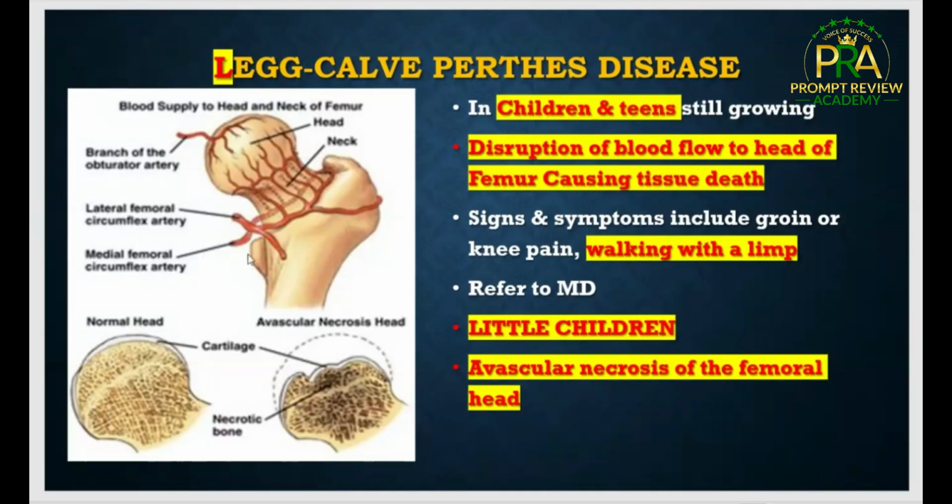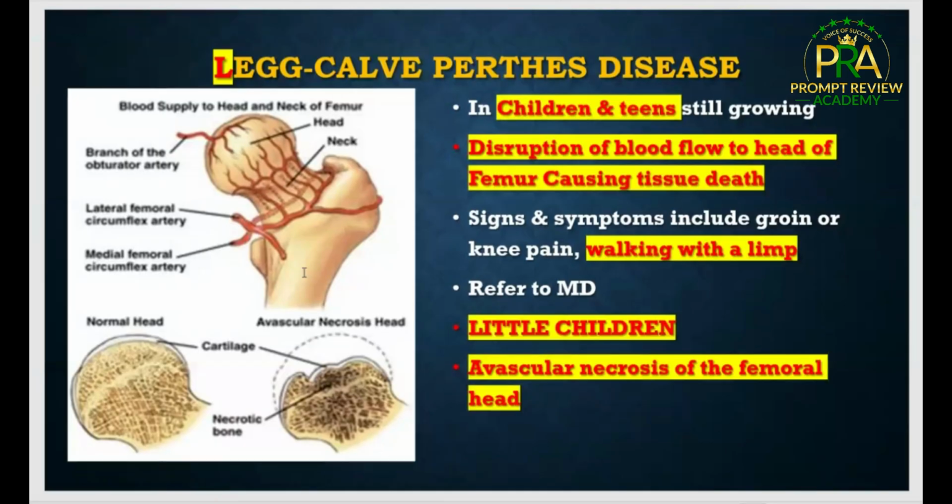This child will have a positive Trendelenburg test and an unequal hip, one hip shorter than the other. It usually affects the femoral head. The bone will die, there is fragmentation, revascularization, then remodeling over several years. If the femoral head heals with abnormal shape, it will lead to arthritis in the future.